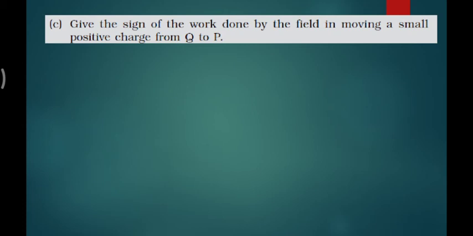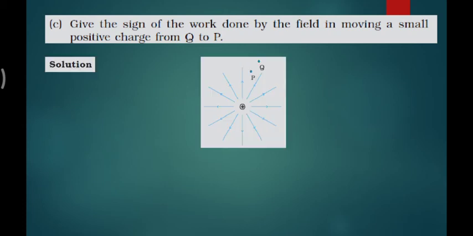By the field, I will explain in detail. Moving a small positive charge Q to P. Here we have one system, and if our charge moves from the Q point to the P point, how much work is done by the field? The field force can be attractive or repulsive, decided by the kind of charge we have here.